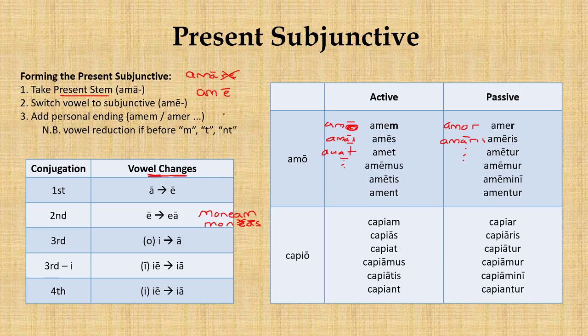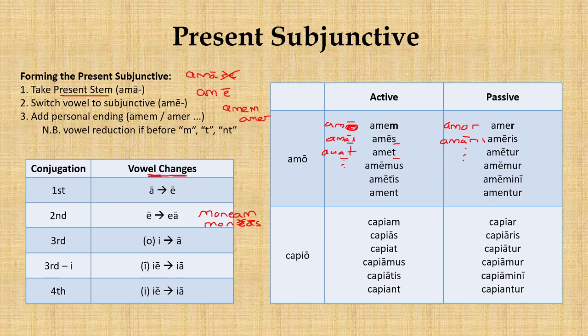And then after that, all you do is you just put the endings on the end of it. So in this case, it's amem or amer for our active and passive present subjunctive. And across the board, the endings stay consistent.